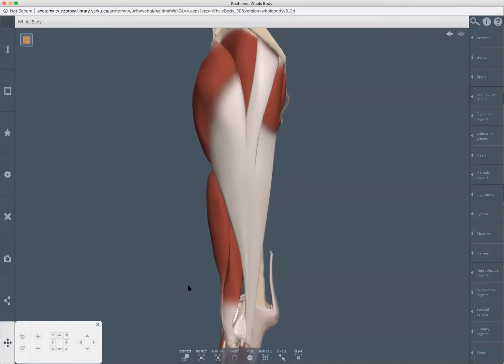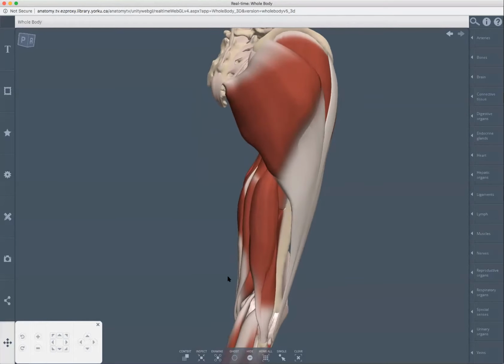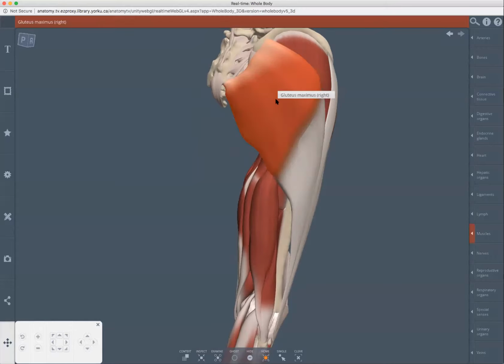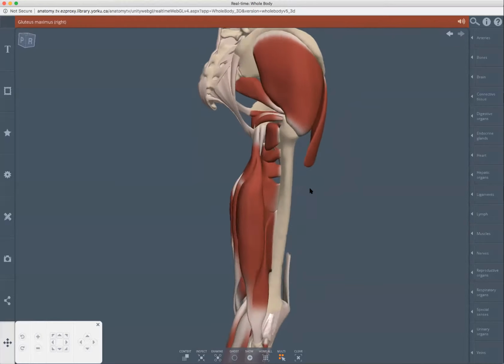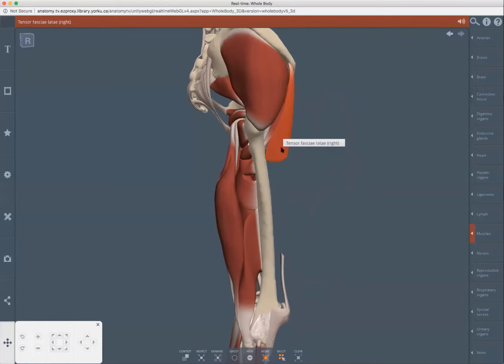All right, let's scoot back here and get a better look at our gluteus maximus. Again, we have insertion to the iliotibial tract, and then let's get rid of all this so we can see what's underneath. Deeper, there's your tensor fascia latae, we'll get rid of that.